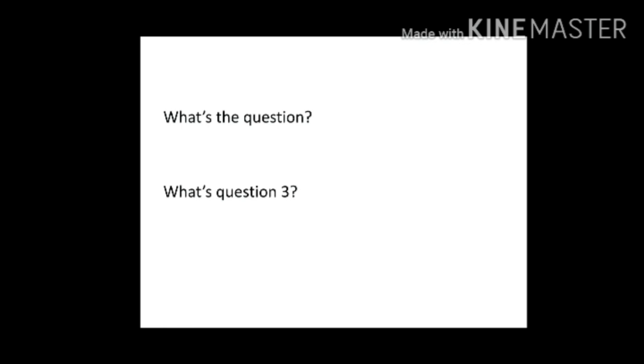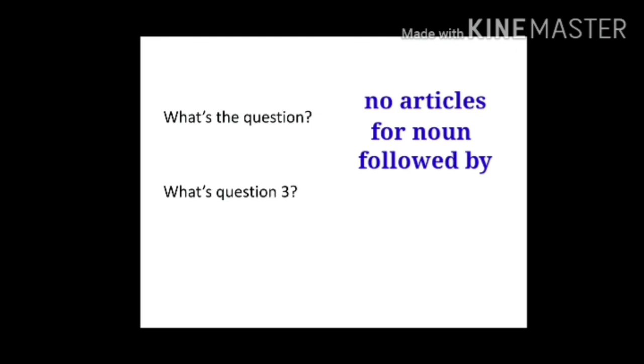And thank you guys for being patient. We are already on our last slide, so just hang in there. The rule here basically is, if you have observed, we do not use articles for a noun followed by a number. So you say, what's the question?